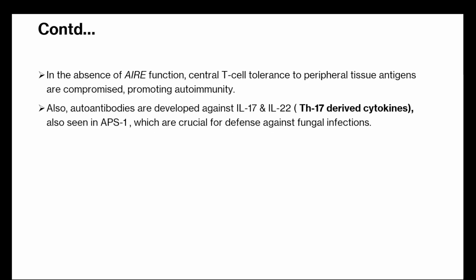And also autoantibodies are developed against T helper 17 derived cytokines like interleukin 17 and interleukin 22, and such phenomena can also be seen in APS1, and we know that these cytokines are very crucial for the defense against fungal infections.